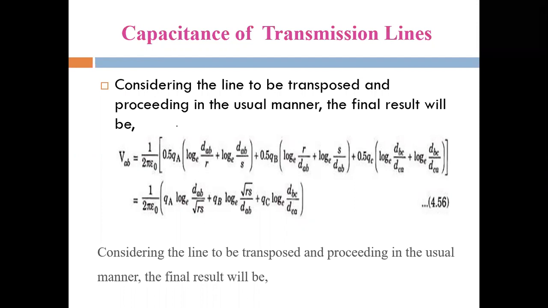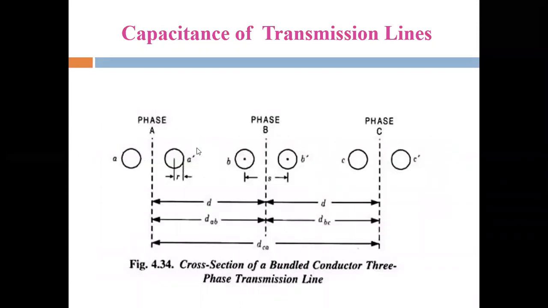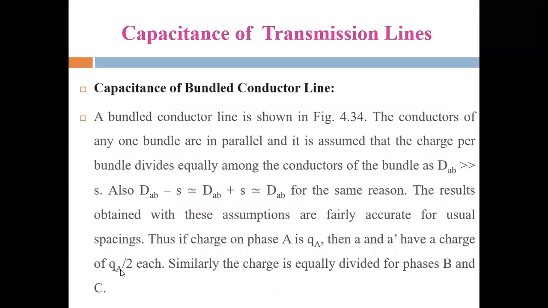Suppose we are considering the transposed conductors, then VAB is equal to 1 by 2 pi epsilon naught times 0.5 QA. Why are we taking 0.5 QA? Because the charge is QA by 2 for each and every conductor.